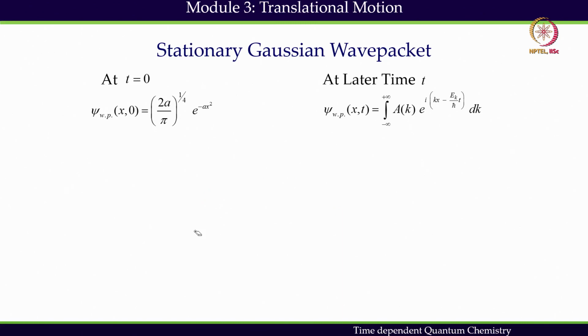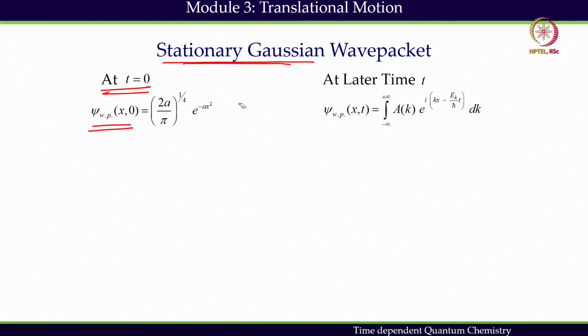As we have mentioned before, at t equals 0 I have to make a good guess for the wave packet, and here I have considered a normalized stationary Gaussian wave packet, where I do not use the e to the power i k x part.